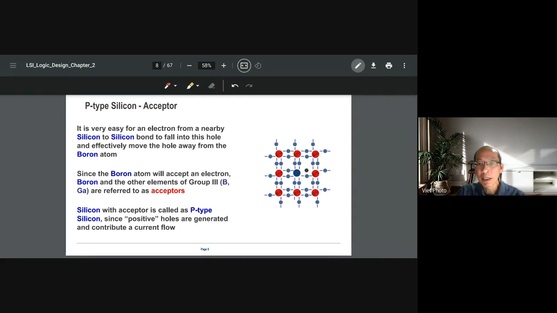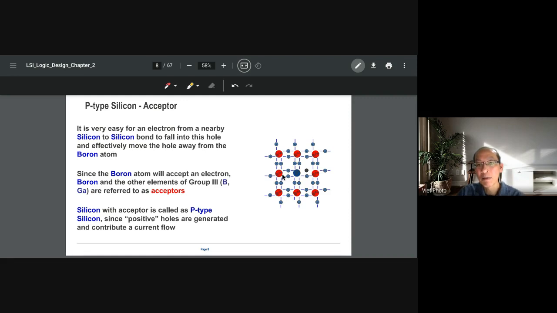Then when an electric field is applied to the lattice, one of the electrons here might have higher energy and break from the lattice.